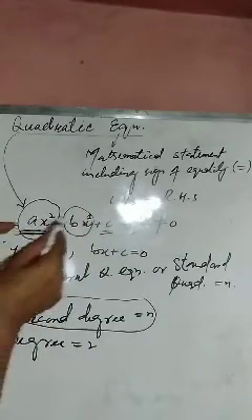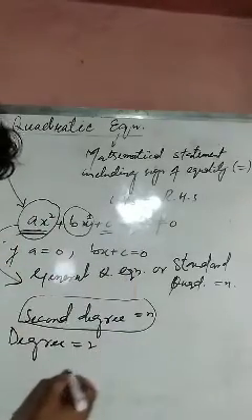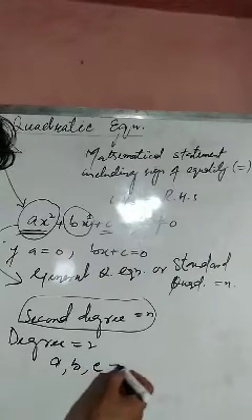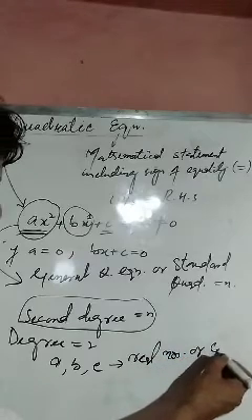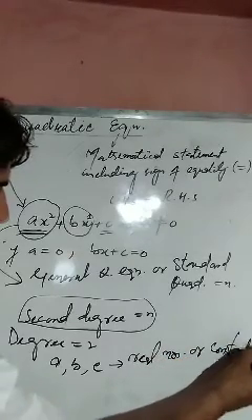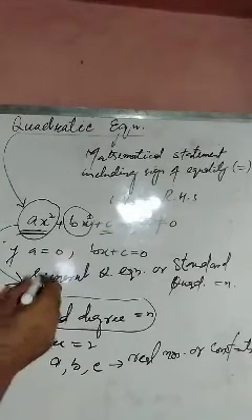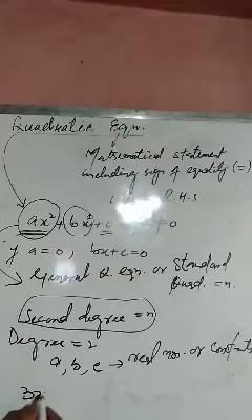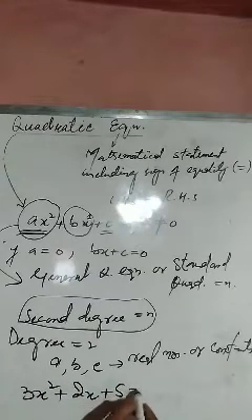Here you see that a, b, c are real numbers, or you can say that these are constants. For example, we can take the example 3x square plus 2x plus 5 equal to 0.